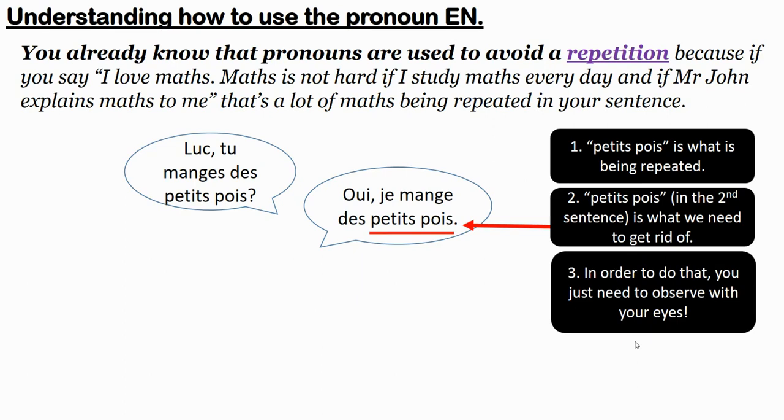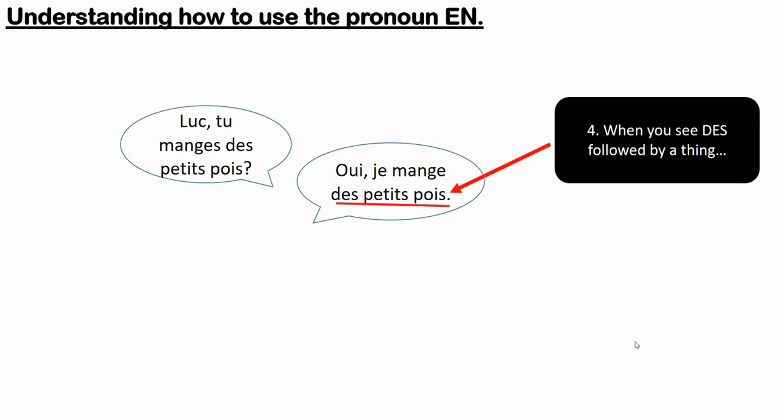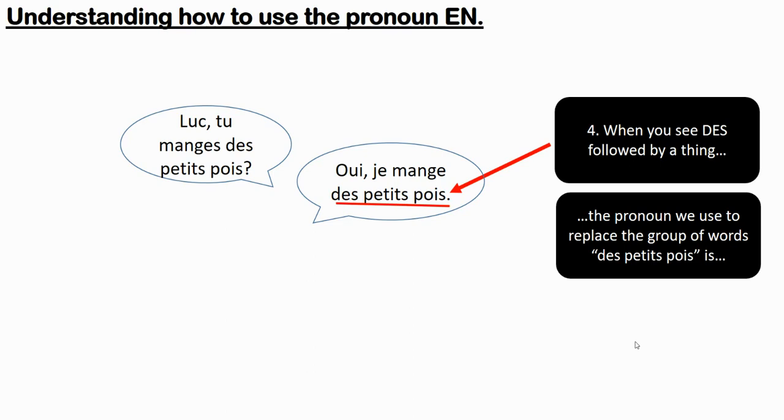So all you need to do for this pronoun is to open your eyes and observe. Every time you see the word des followed by a thing, you're going to use the pronoun en.